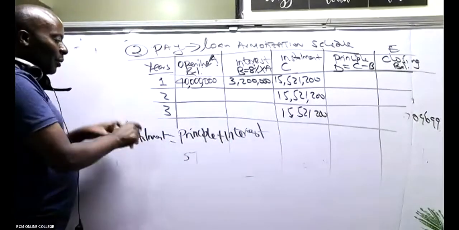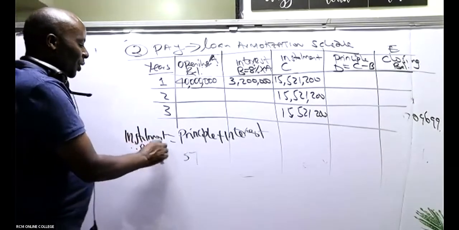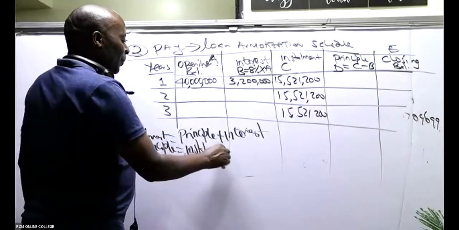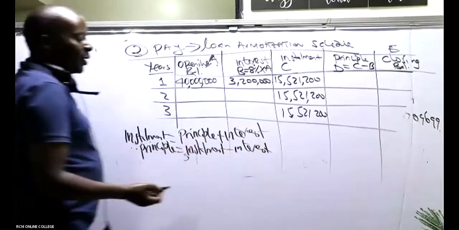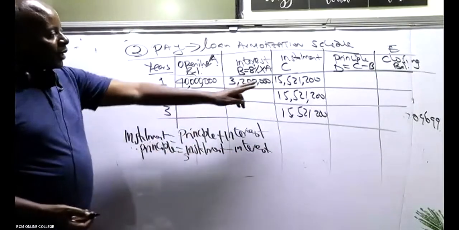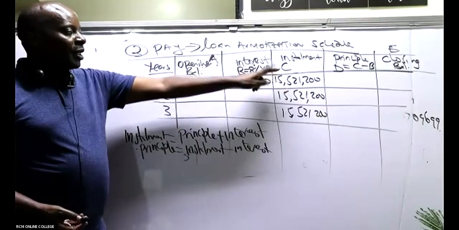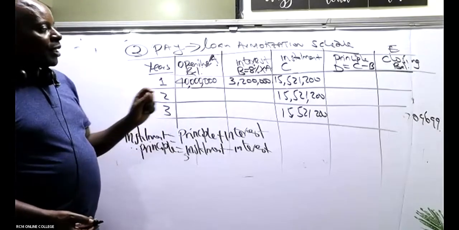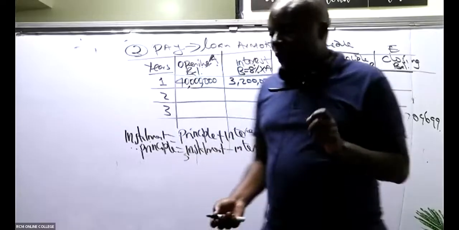Now that I have the installment and the interest, to get principal is very easy. I will take the installment minus the interest. Basically, I'm taking column C minus column B. In this case, 15,521,200 minus 3.2 million gives me how much principal?